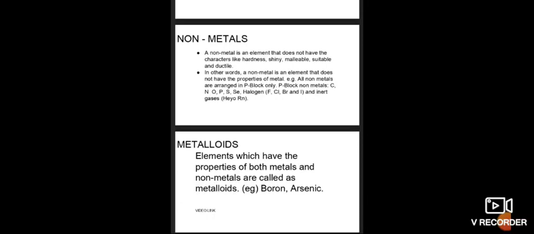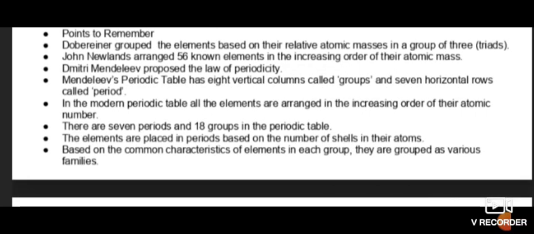Elements which have the properties of both metal and non-metal are called metalloids. Examples: boron, silicon, arsenic. You can go through those points to remember what we have learned till now.